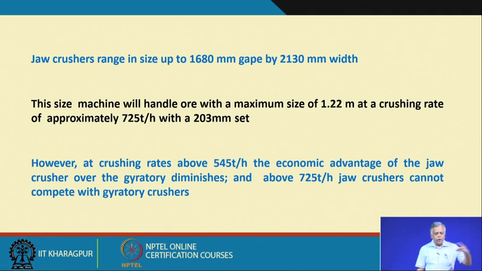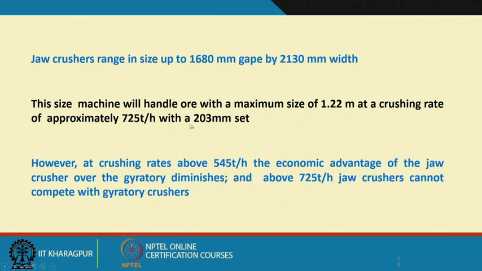That means the ROM ore having a maximum size of 1.22 meter can be accepted if you have a 1680 millimeter gap and 2130 millimeter width. So, this specification is 2130 by 1680, and its capacity is around 725 tons per hour. Just imagine, 725 tons per hour of material can be broken through this gigantic machine, with a 203 millimeter set size.